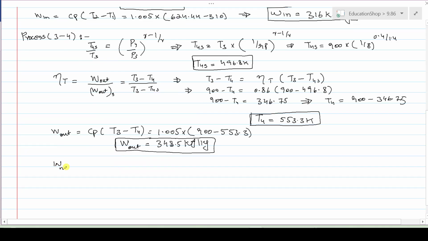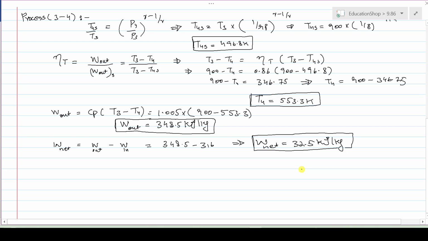Now the net work output per kg is equal to the actual work output by the turbine when it is 86% isentropic minus the work input required to run the compressor when it is 80% isentropic. And the net work output is 32.5 kJ per kg.